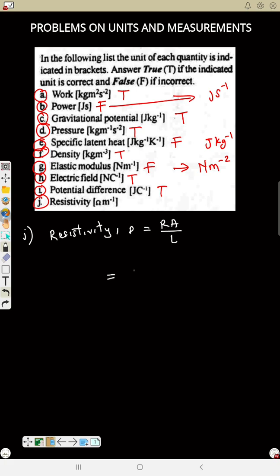So if R is resistance, the unit for resistance is ohm. Then A is area, is meter square. Length is meter. So if meter cancel out, it will remain ohm meter. So that means the resistivity should be ohm meter. So the statement is false. So the correct one should be ohm meter, not ohm per meter.